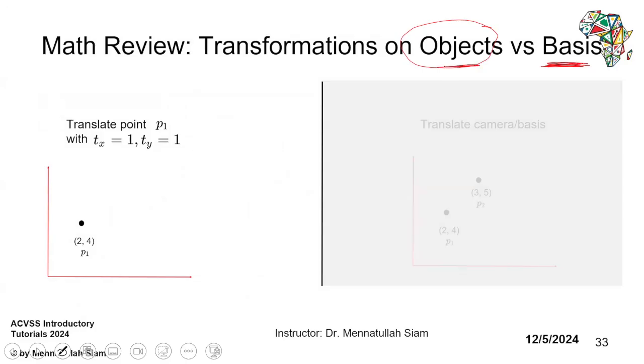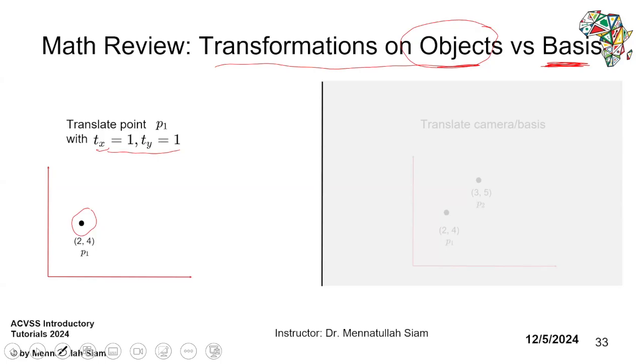Let's see first, if I have a point P, 2, 4, and this is part of transforming objects normally. I want to construct my matrix that will do a translation, tx and ty, equal to 1 and 1.